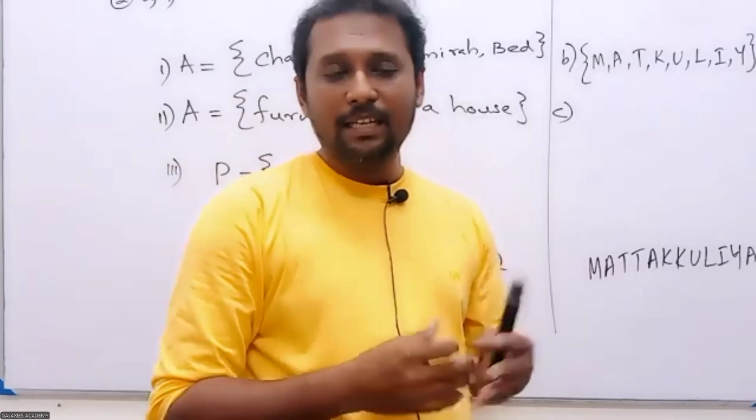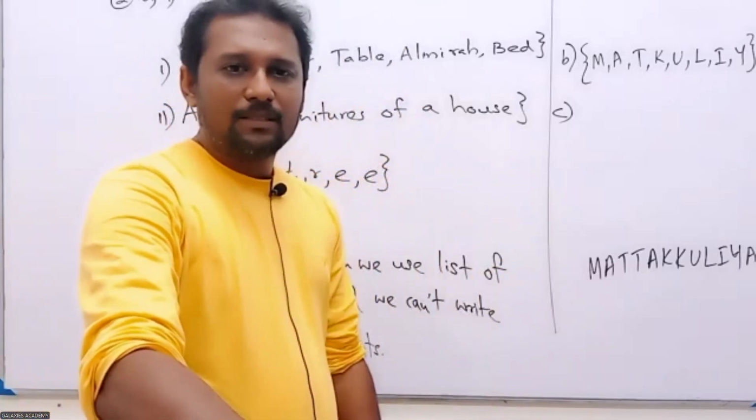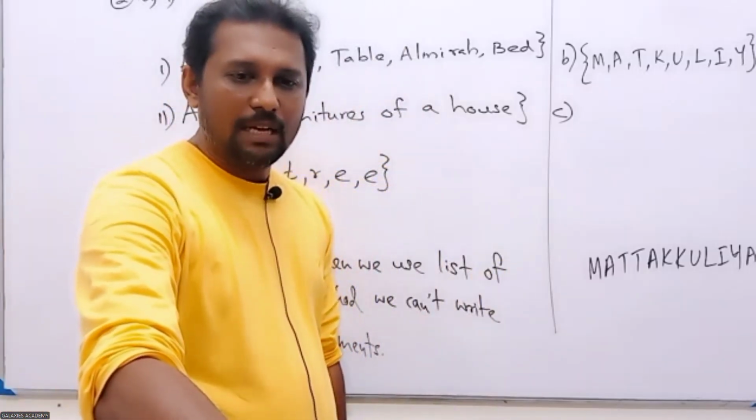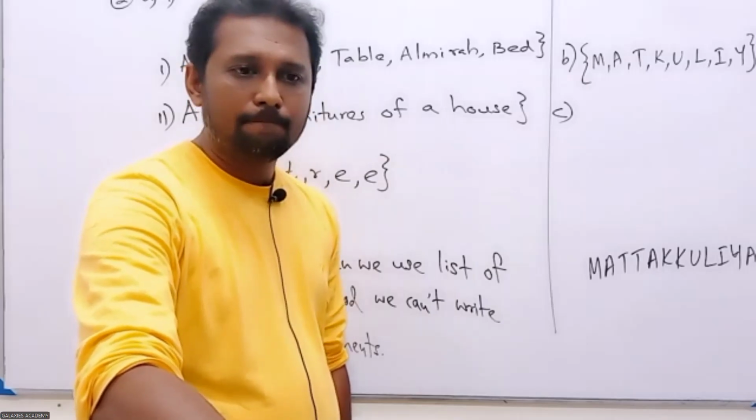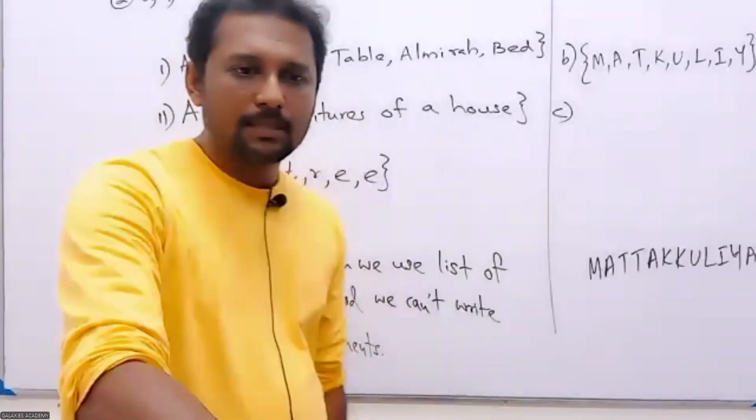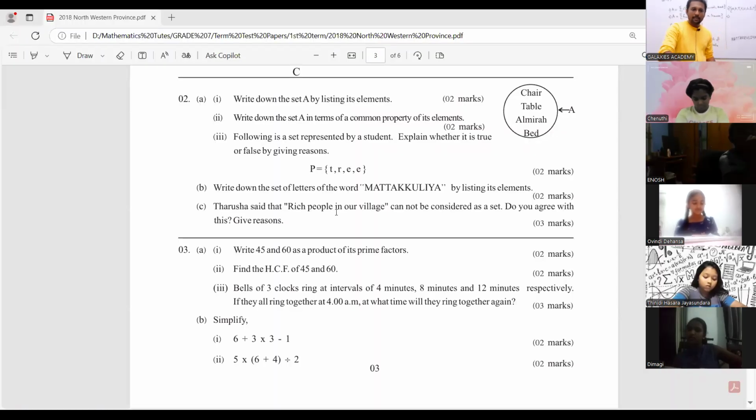Right? It is not a set. So you have to write the answer. The question asks, Tarushi said that rich people in our village cannot be considered as a set. It is true. Do you agree with this? Yes. Give reasons. So you can write the reasons.